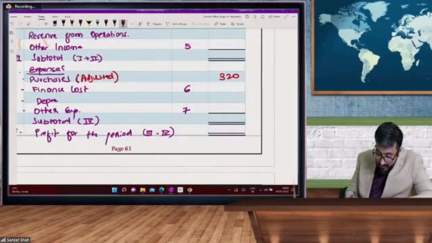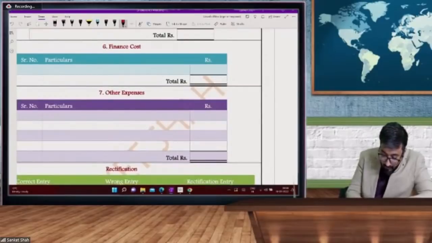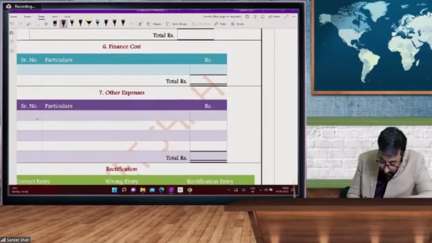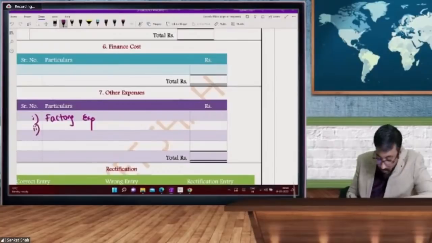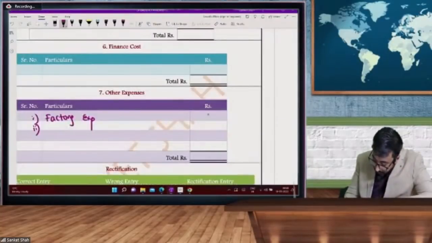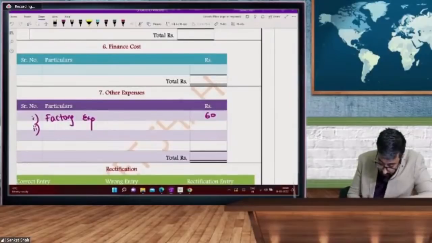Factory expenses, other expense. Write down, in other expense, you have factory expense. In the note, what is the amount of factory expense? 60.